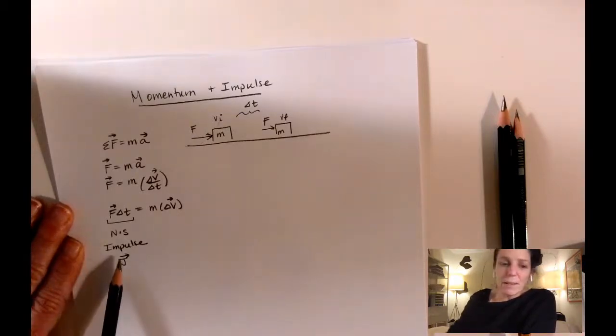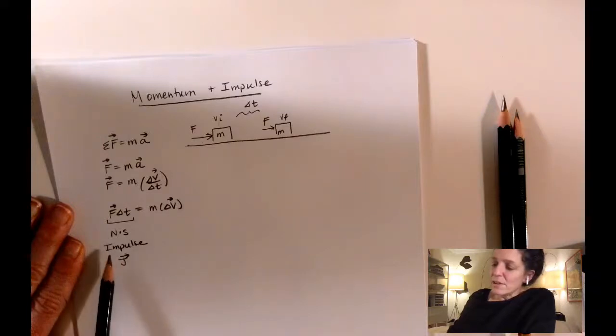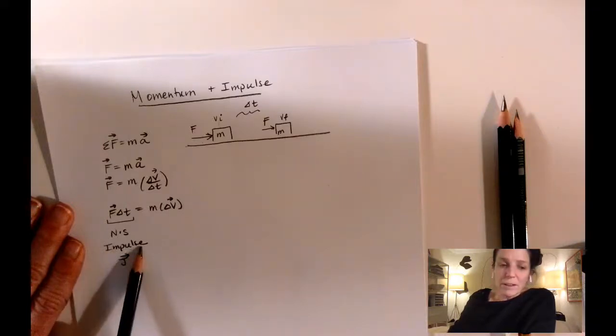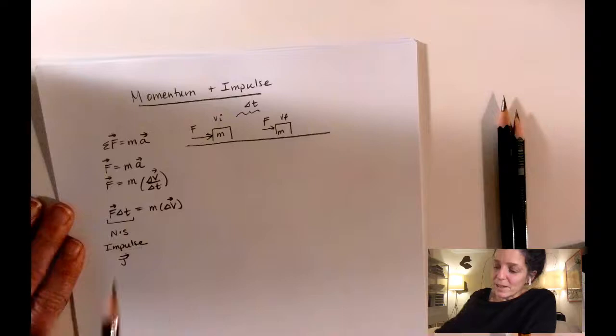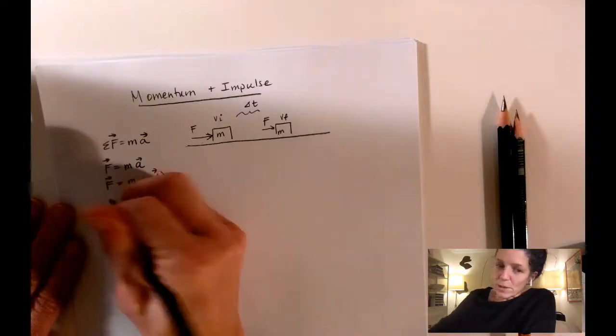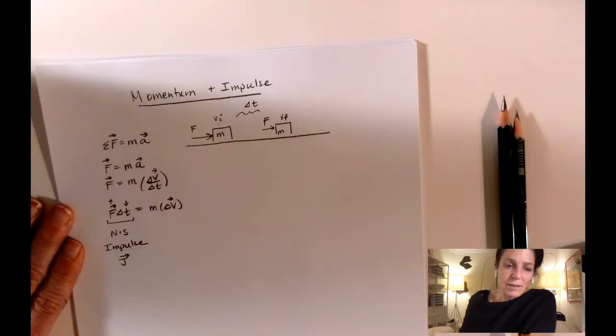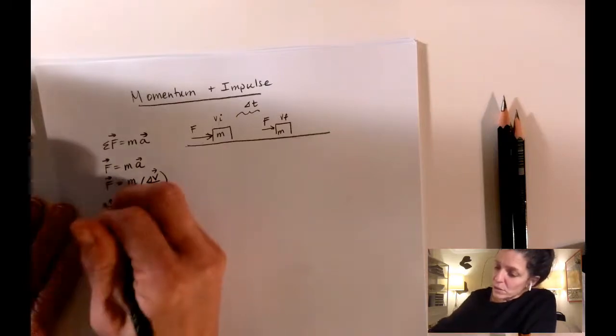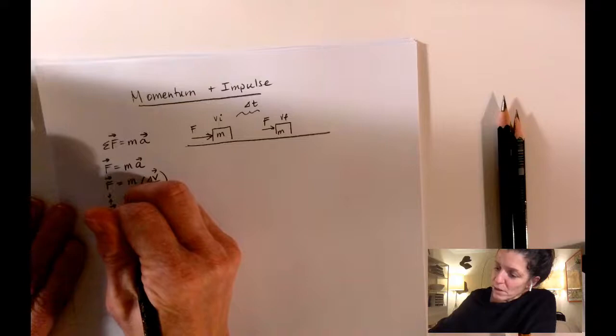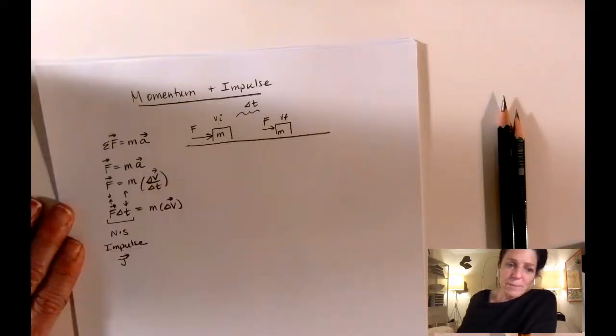Now what's interesting about the impulse is that you can achieve the same impulse on an object a couple of different ways. You could do it with a large force over a short time, or you can do it with a small force over a long time.